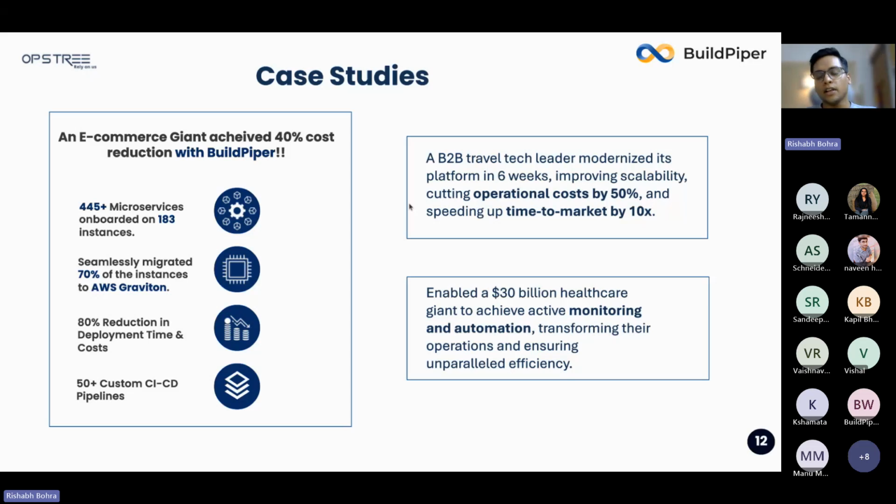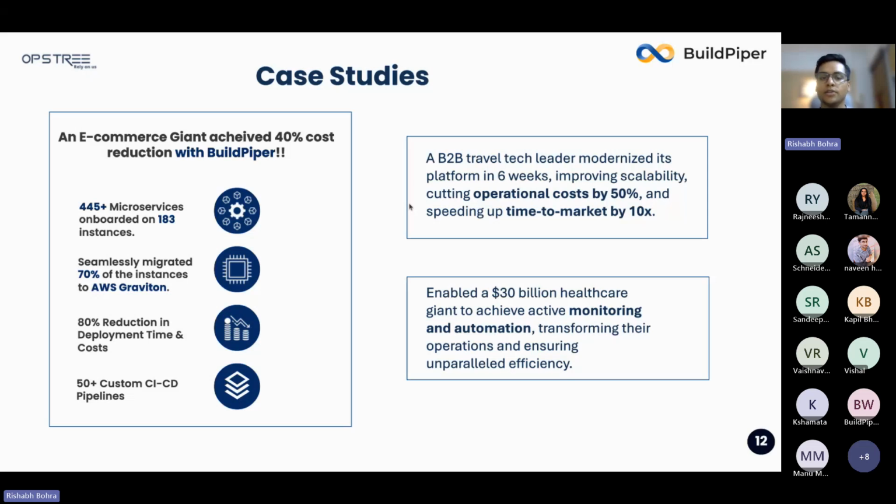These are essentially some of the customers of Opstree Solutions where they have mentioned what all benefits they got after adopting an IDP like BuildPiper. The first one is an e-commerce giant, which achieved almost 40% cost reduction with BuildPiper, where they had 400 plus microservices and a migration.